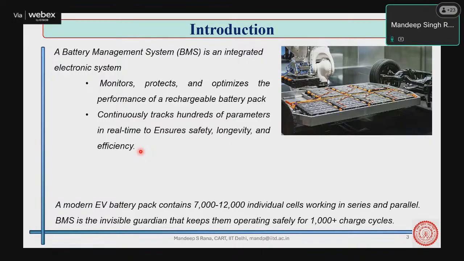For example, let's say there is a problem in the BMS, somewhere there's a short circuit. BMS has the responsibility to detect a particular short circuit or fault scenario and isolate the faulty section. Or let's say there is no big short circuit, but there are small differences between the voltages when it is being charged.